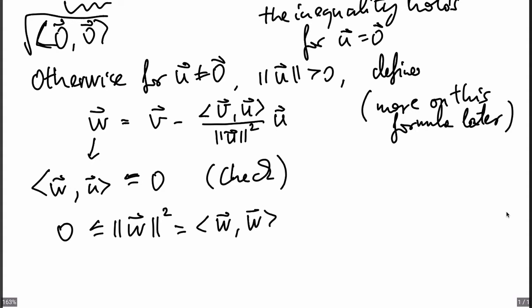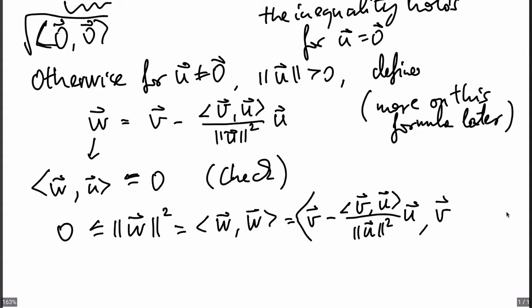If you substitute the formula for W, it's V minus V inner product U divided by U norm square, times U. And this is inner product by itself, so again V minus V inner product U divided by U norm square times the U vector.